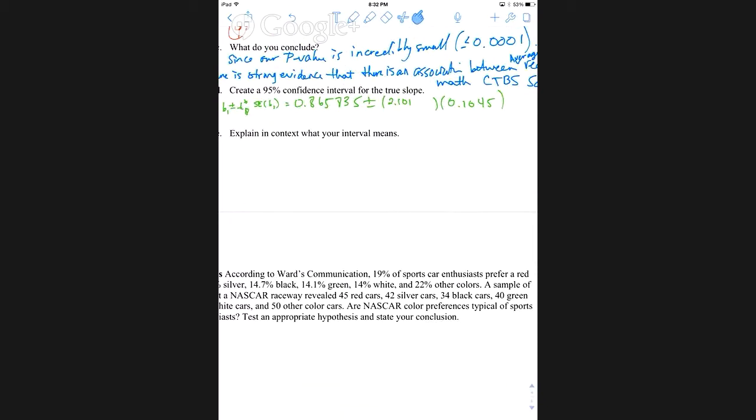If you have a TI-Nspire, you should get that out and start plugging this stuff in and get your confidence interval. Now, the problem doesn't say interpret the confidence interval. It just says create the confidence interval. So that's what I'll do, and then I will interpret it in the next part.